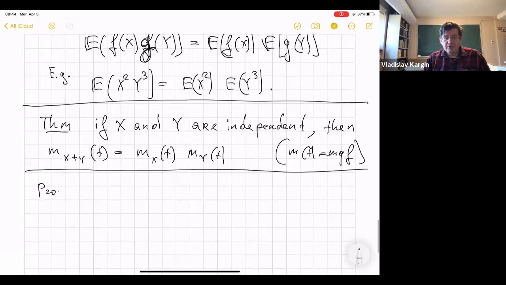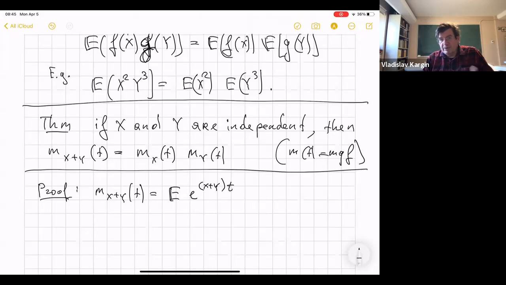This is the theorem, and the proof is easy once you have the previous theorem. What's the definition of the MGF? m of x plus y of t, by definition, is the expectation of e to the power of the random variable x plus y multiplied by t. t is just some number, some parameter.